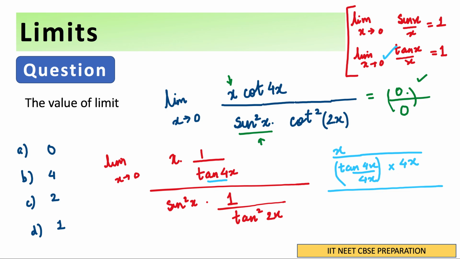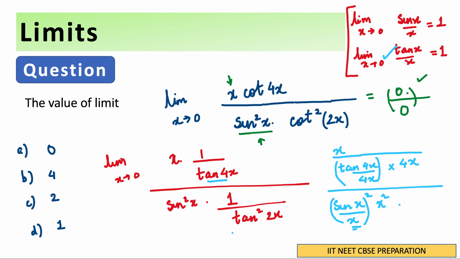Now come to the denominator, sine square x, which means sine x whole square. I can write it as sin x upon x whole square, and we multiply x square in the numerator and the denominator, so we have x square here.